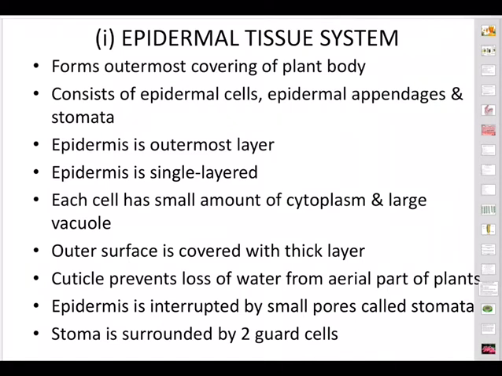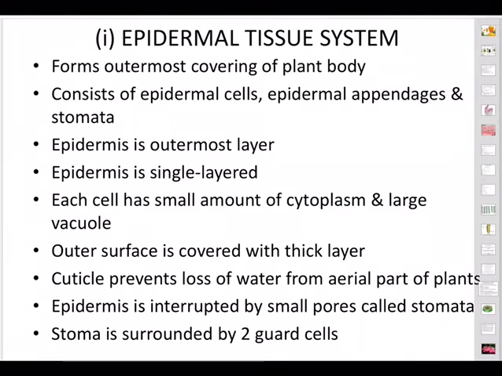It forms the outermost covering of the plant body, consists of epidermal cells, epidermal appendages, these are outgrowths, and stomata. Epidermis is the outermost layer. It's a single layer, single celled. Each cell has a small amount of cytoplasm and very big vacuoles. The outer surface is covered with a thick layer that's called cuticle. It's just like a plastic paper.